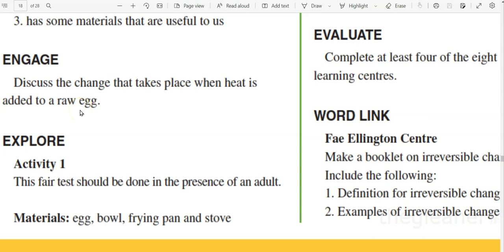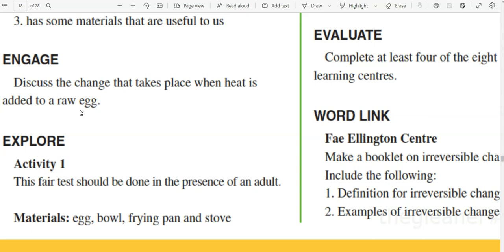Or if we add heat to it by frying, we could get a scrambled egg, or some other version of an omelette or something like that. The property of the egg moves from being liquid to solid.